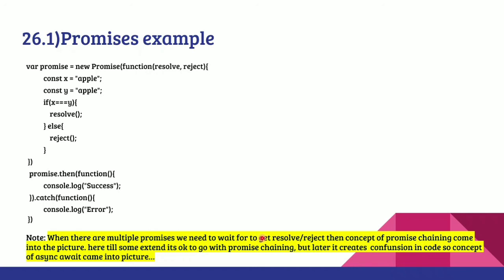At that time the concept of promise chaining comes into the picture. But later, as we use promise chaining multiple times, it leads to confusion in the code itself. Due to that, the concept of async await came into the picture. What is async await? That will surely be the next question from an interviewer.